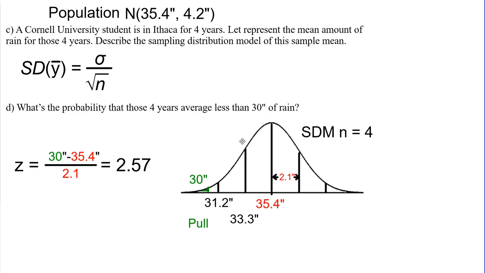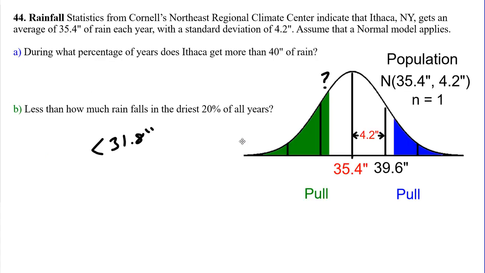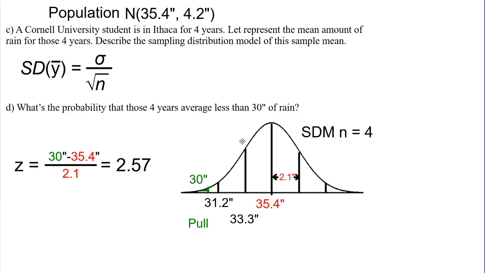Not any 1 year being less than 30 inches. That would be the previous problem, because we would be talking about the population. But if a 4-year average is less than 30, now we're talking about the sampling distribution model with the sample size of 4, which has half the standard deviation of the population model.